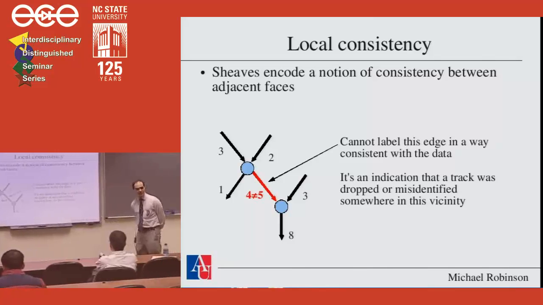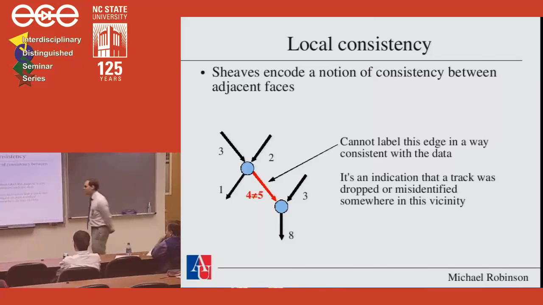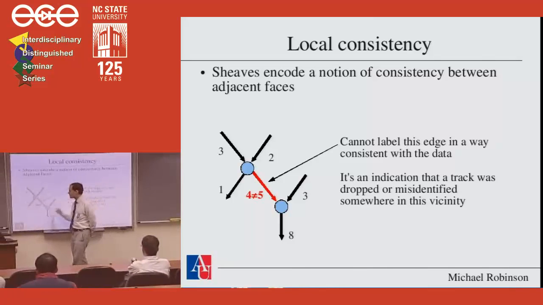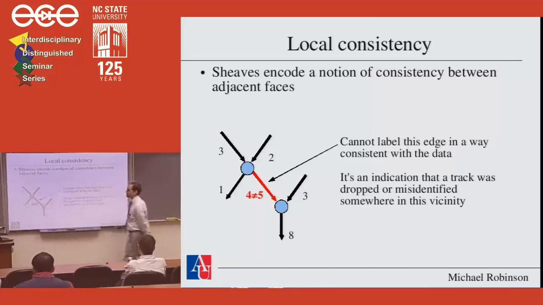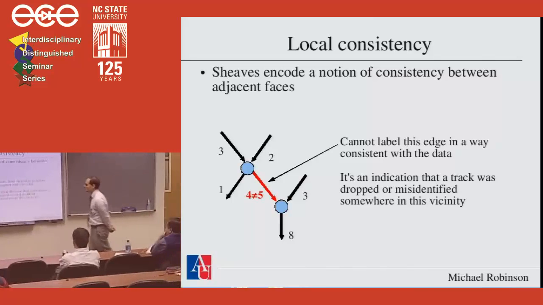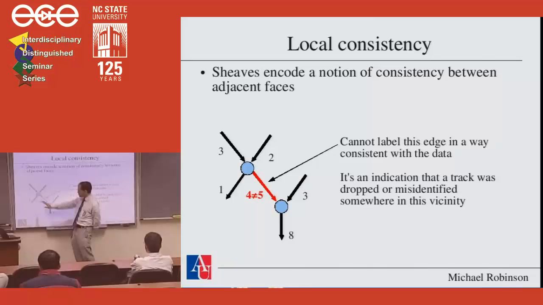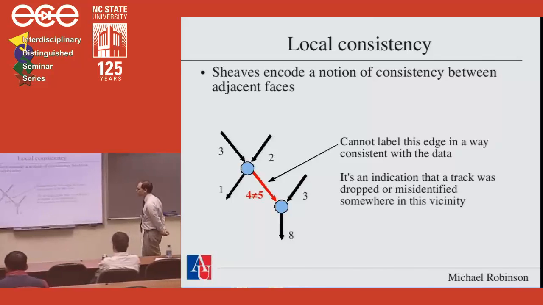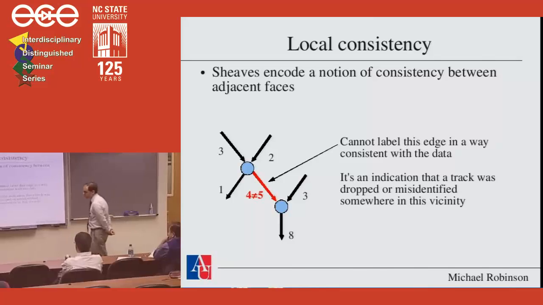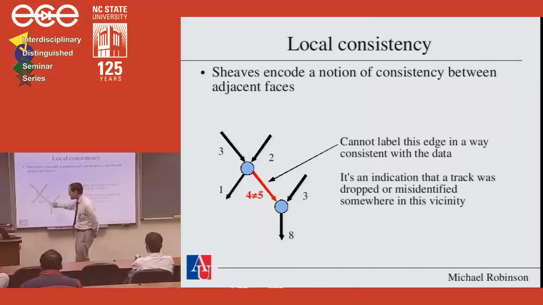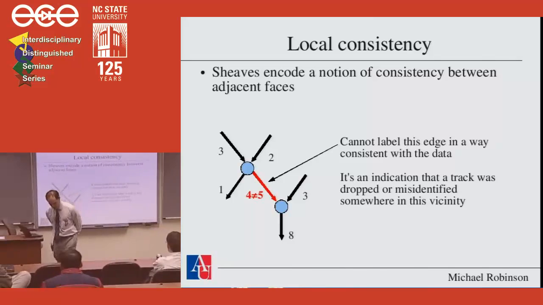Someone lost track of that package. And the fact that I can't label it this way, this is not a legal section. In particular, I cannot extend the section labeled in black to this red edge, indicates that there's a problem. So using that element of cohomology to tell me that is a useful inference.